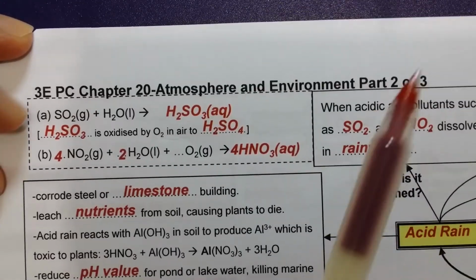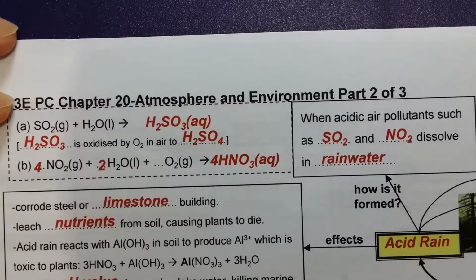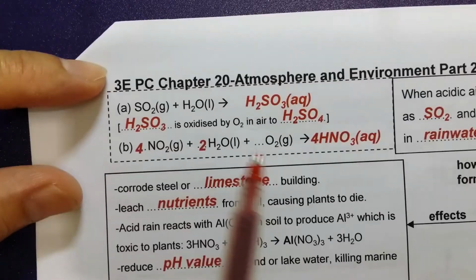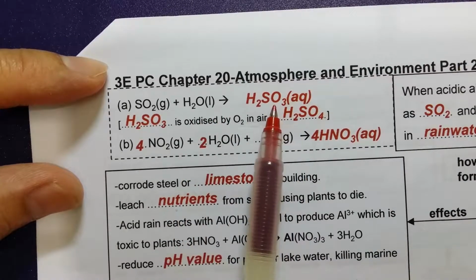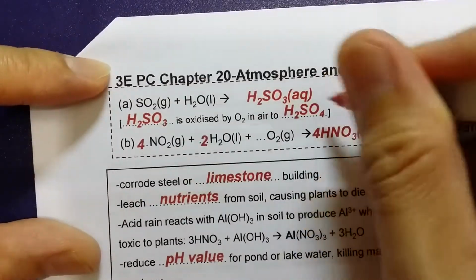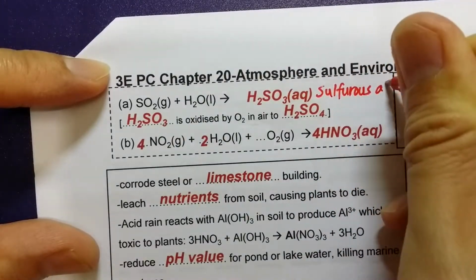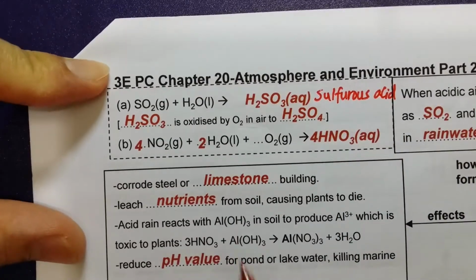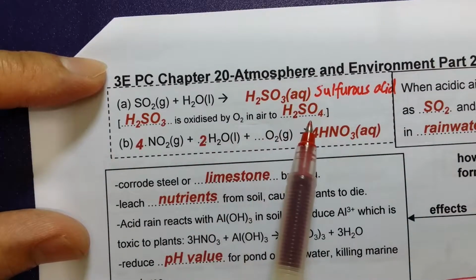Now, how do sulfur dioxide and nitrogen dioxide form acid rain? When sulfur dioxide dissolves in rainwater, it will form sulfurous acid, H2SO3. And this sulfurous acid will be oxidized by the oxygen in the air to form sulfuric acid.